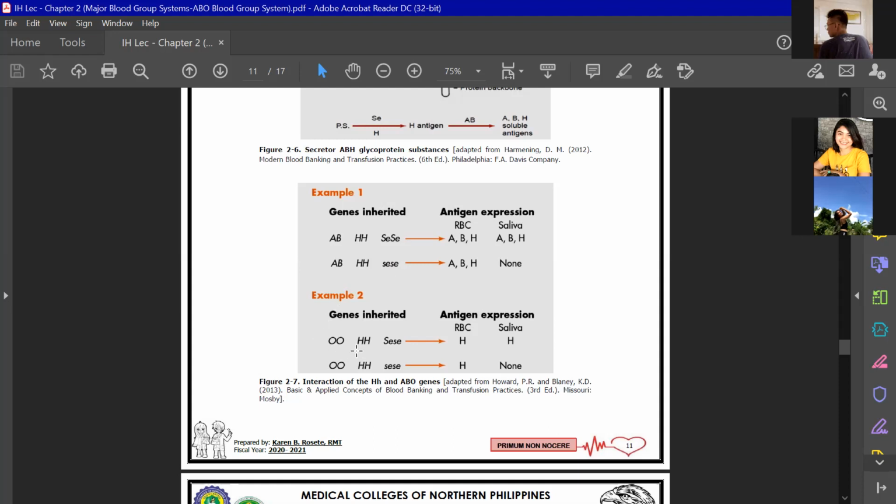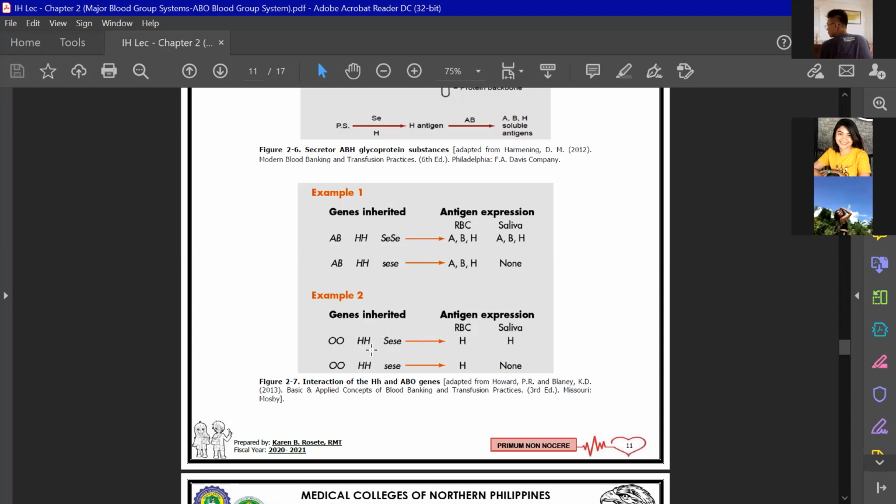So we have here, pag ito ang na-inherit naman na gene ng individual, we have the O gene. Anong sabi natin? The O gene is an amorph and it has no detectable antigen product, meaning walang both A and B antigens on the red cells, as well as in the body secretions.